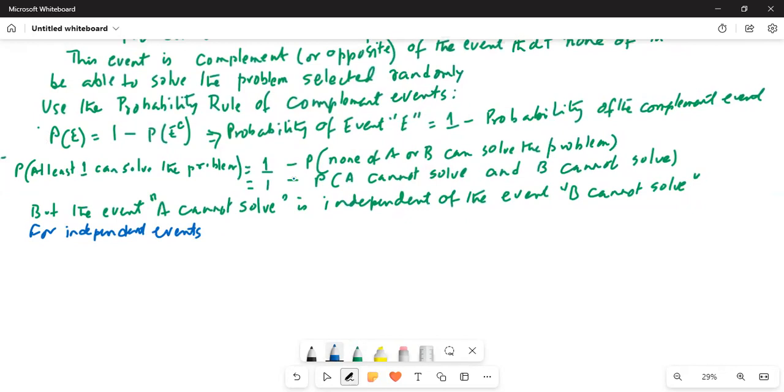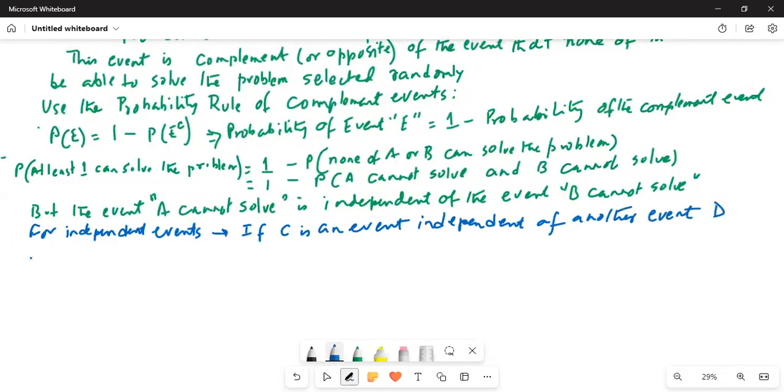If C is an event independent of another event D, then probability of C and D, because they're independent events, is probability of C multiplied by probability of D.